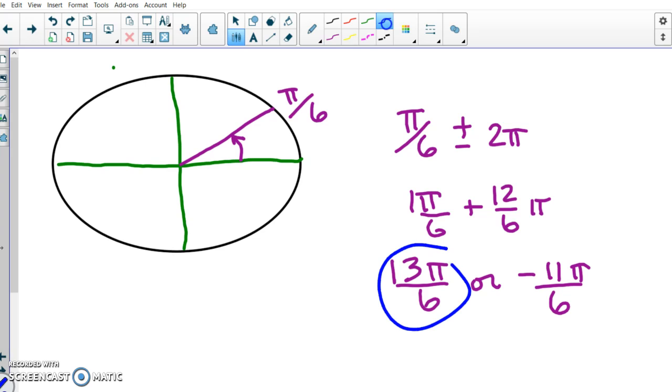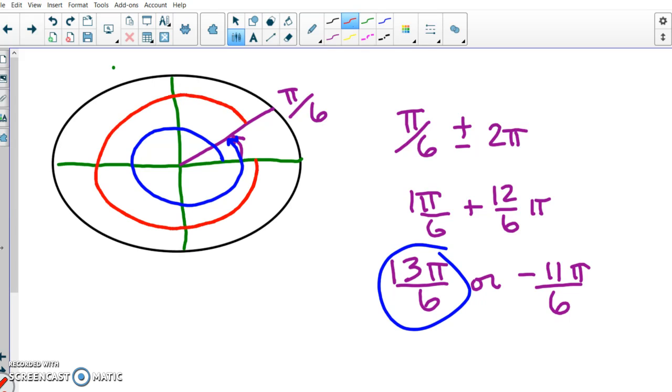The first one starts at 0, going around 12 pi over 6, plus another 1/6, 13 pi over 6. And the other way we can do this is by coming around a negative angle, negative almost 12 pi over 6, negative 11 pi over 6.